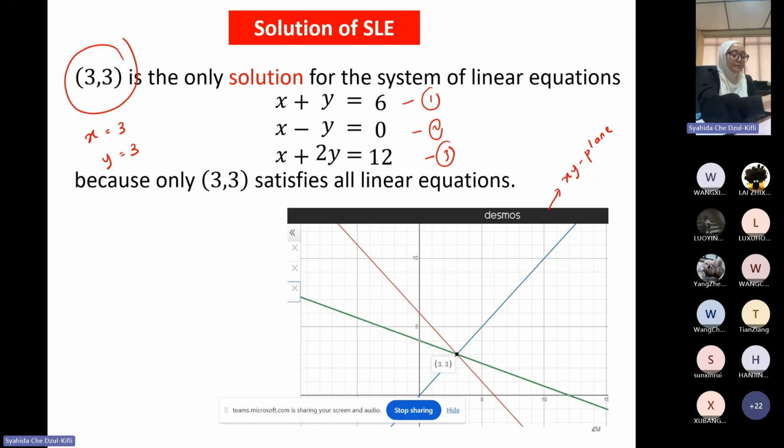The solution (3, 3) is in fact the intersection of these 3 lines. It is actually the point where these 3 linear equations intersect. It intersects at this point, (3, 3), therefore (3, 3) is the solution. And there is no other intersection point, therefore (3, 3) is the only solution. Okay, is that clear?